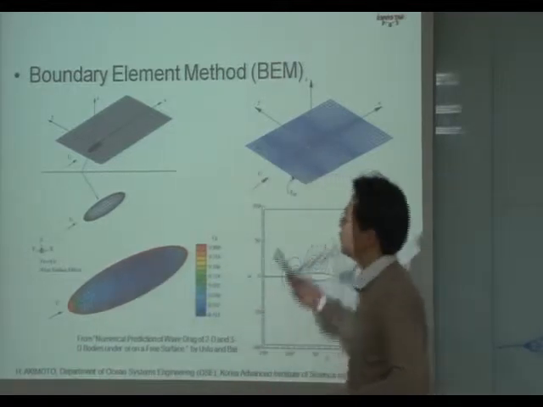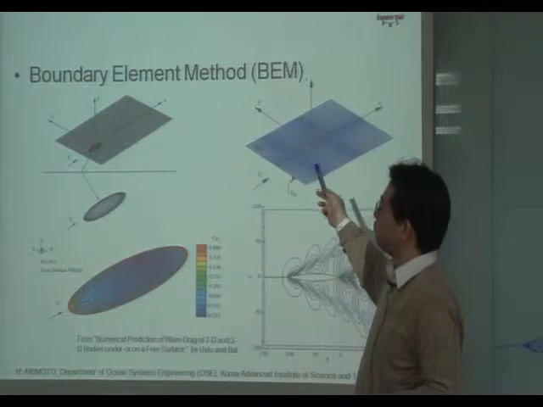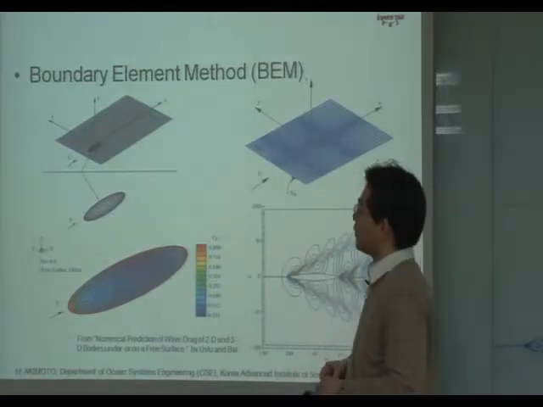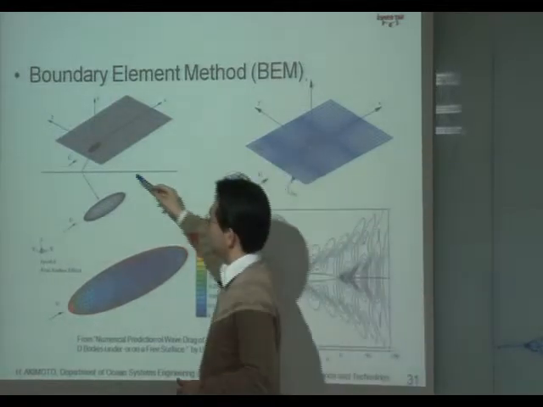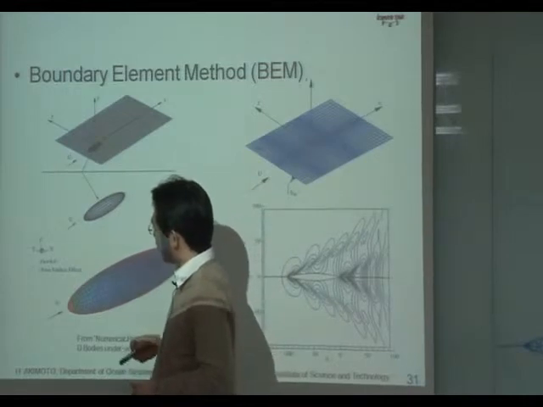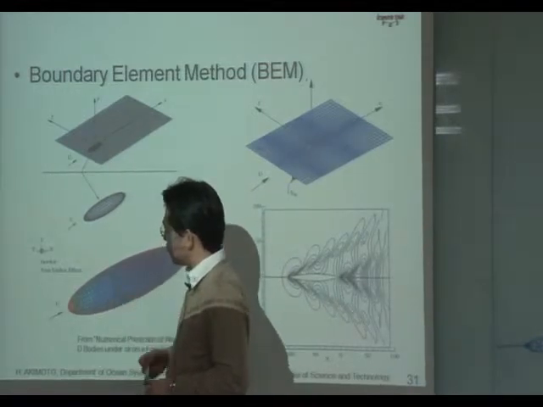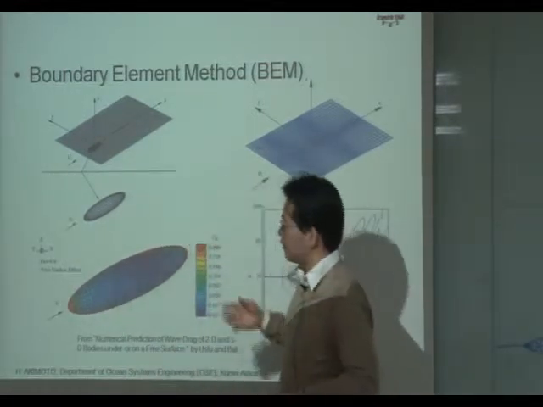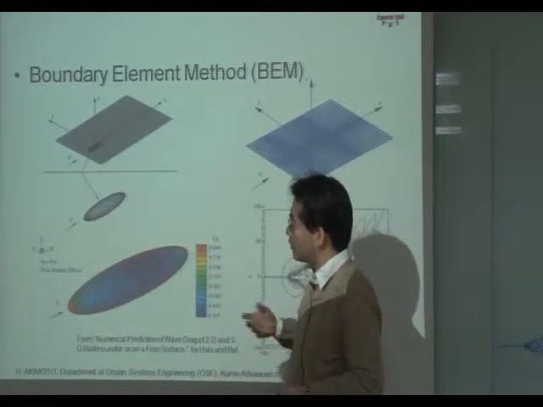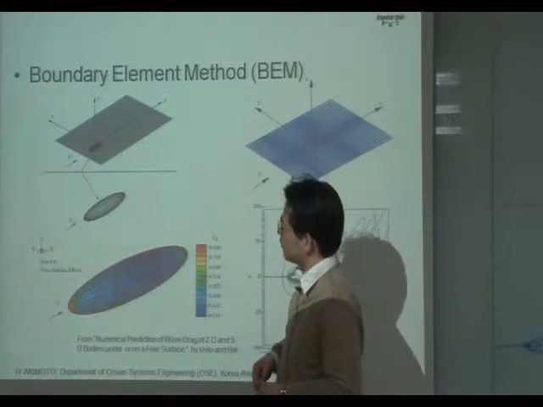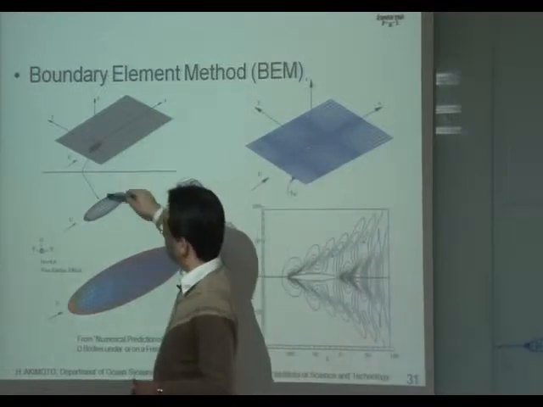So sometimes boundary element method is called panel method. It is different from Kelvin source potential. It requires another sophisticated mathematical framework.